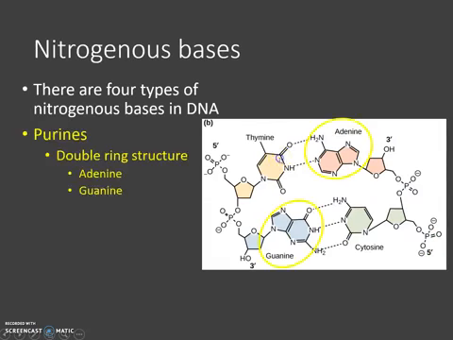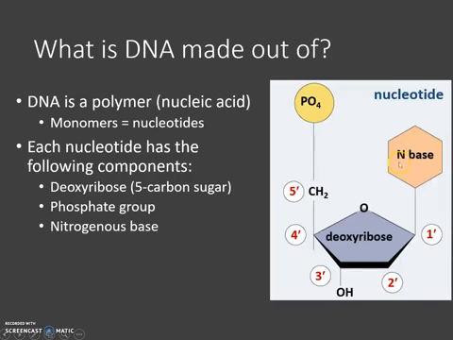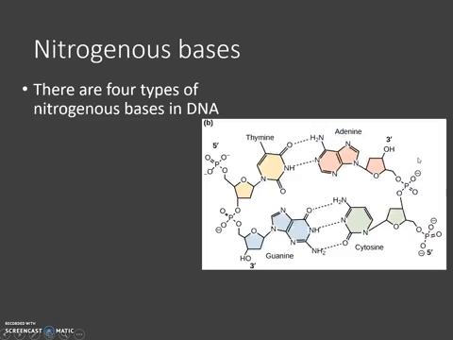Now that base component is what changes between the different nucleotides. You may have heard of adenine, thymine, cytosine, and guanine. That's where this nitrogenous base comes into play. There are 4 different types of nitrogenous bases, and they all have a different chemical formula.